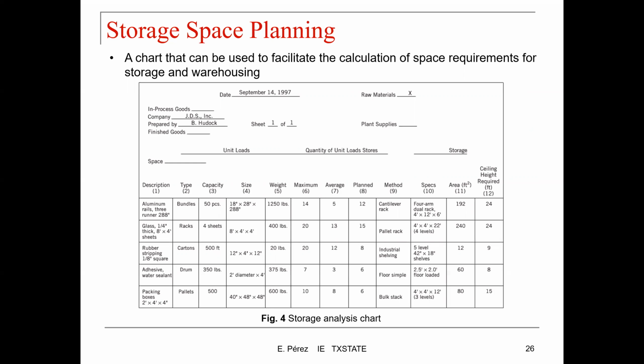Then we have the description of the products, the type: are these bundles, racks, cartons, drums, pallets? The capacity, how many are in those bundles? The size, the weight, the maximum, the average, and the plan. The method for transporting, the specs, the area, and the ceiling height required.